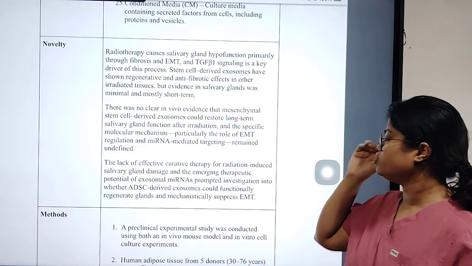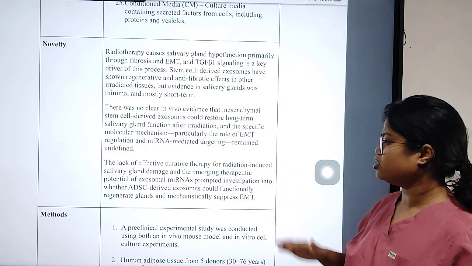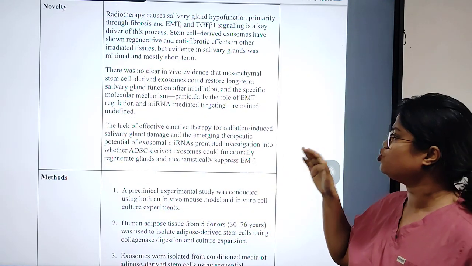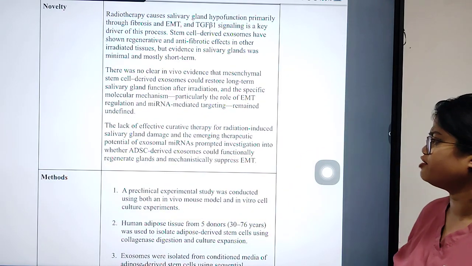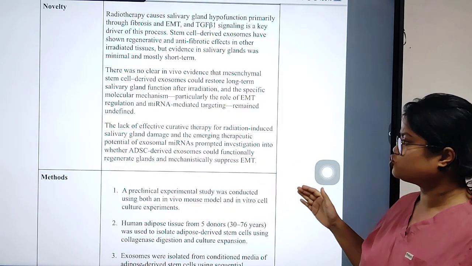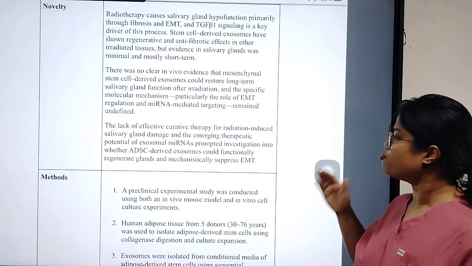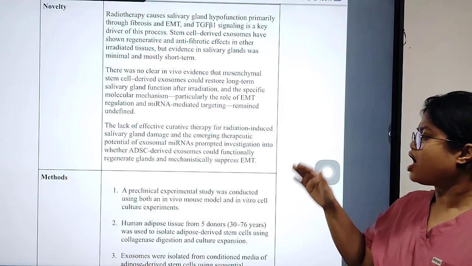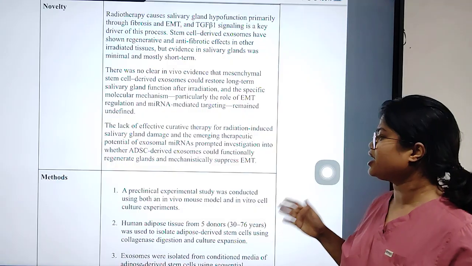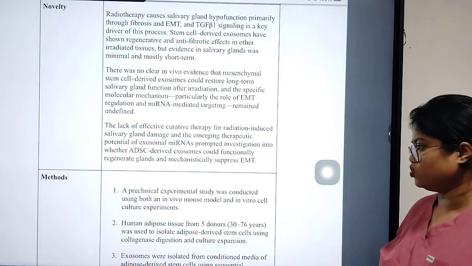This lack of evidence motivated the scientists to develop effective therapy for radiation-induced salivary gland damage. The emerging therapeutic potential of exosomal microRNAs prompted investigation into whether adipose-derived exosomes could functionally regenerate glands and mechanistically suppress the EMT pathway.